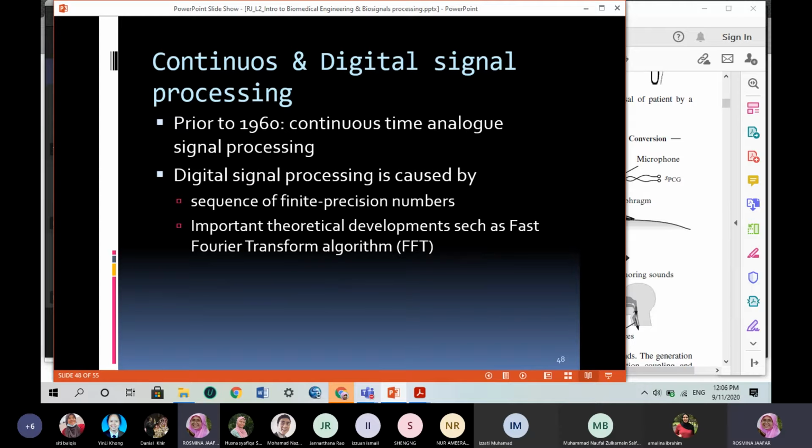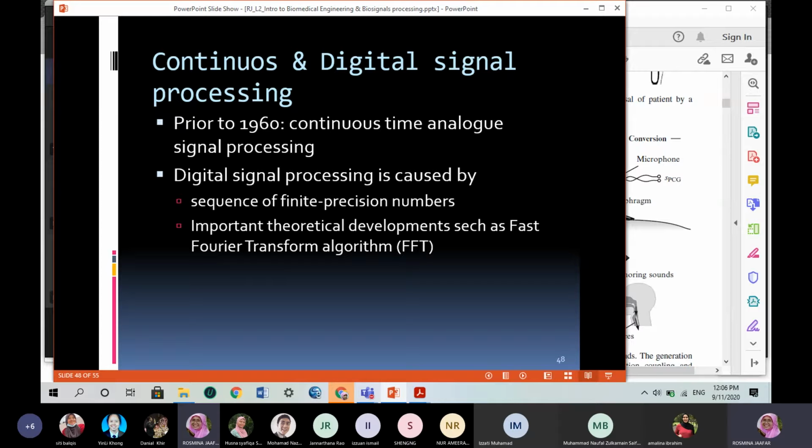And we can have continuous and digital signal processing. In the early days, prior to the 1960s, most of the signal analysis was done in analog form, because at that time computers were not available yet.